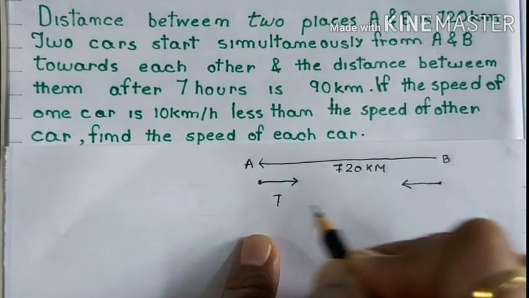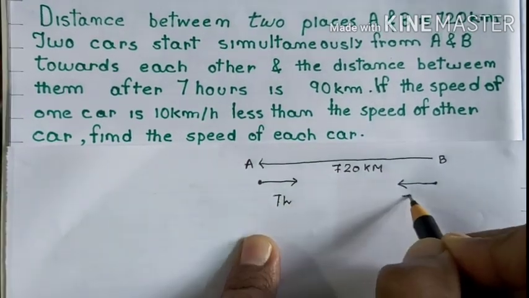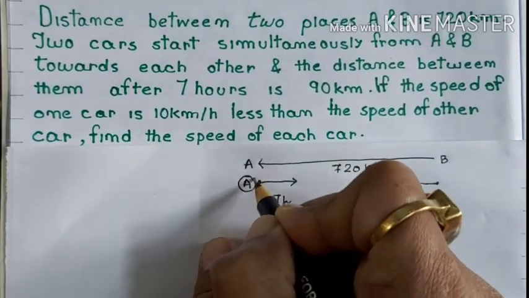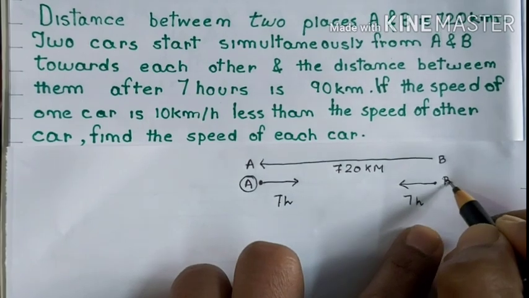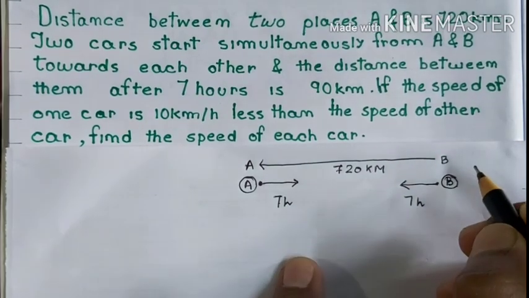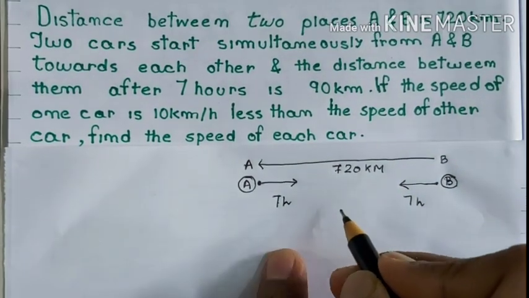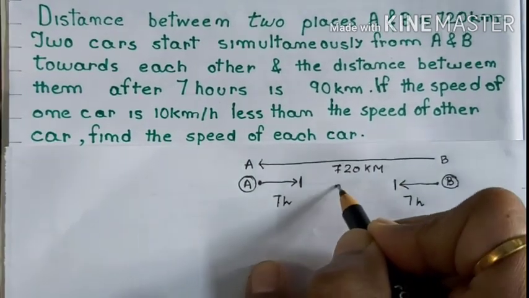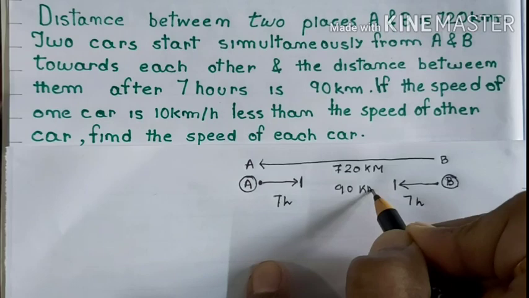After 7 hours, suppose this is car A and this is car B. After 7 hours, their distance between this point and this point is how much? 90 km. Understand?